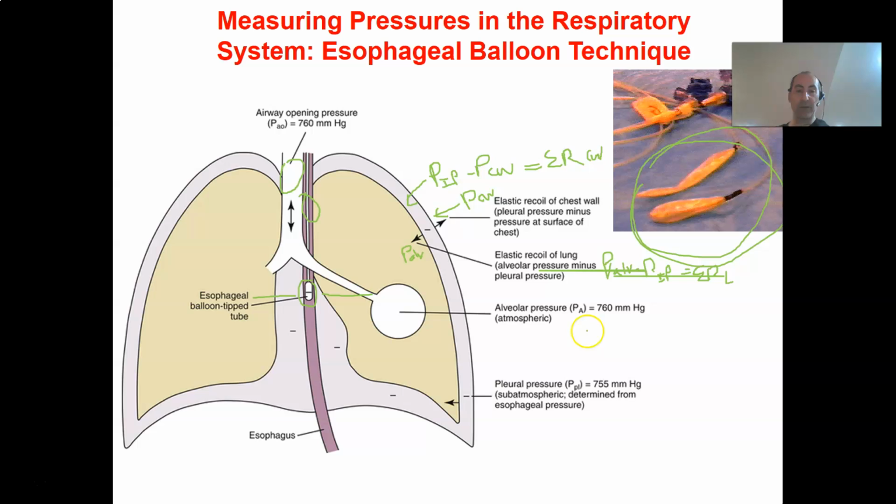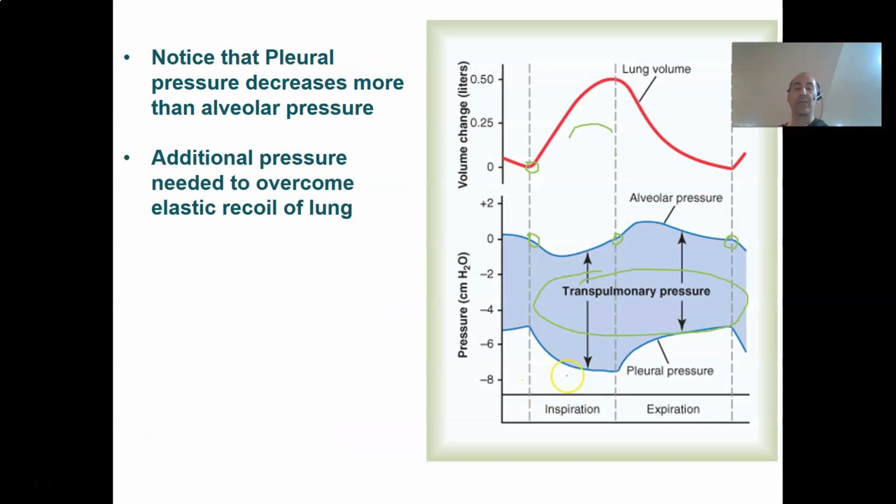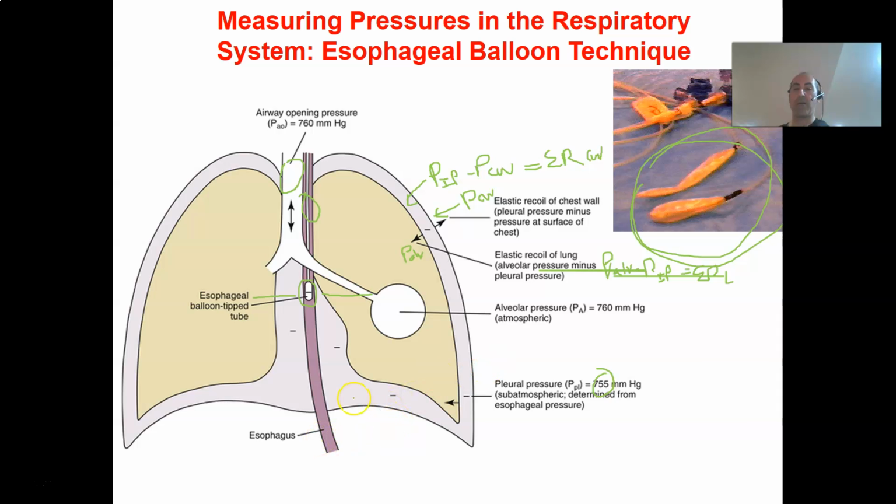And pleural pressure, as we saw in the last diagram, is about 5 millimeters of mercury less than atmospheric. All right, so let's move on. So this is a device, an esophageal balloon, that allows you to measure some of these pressures.